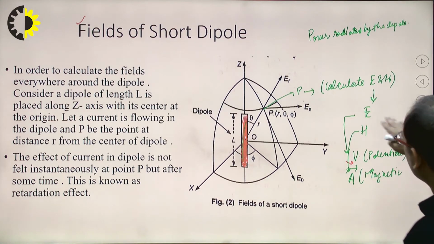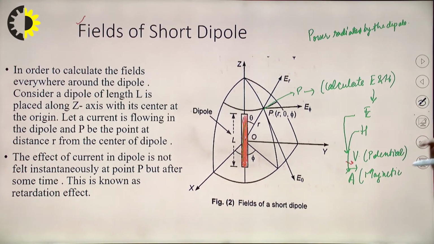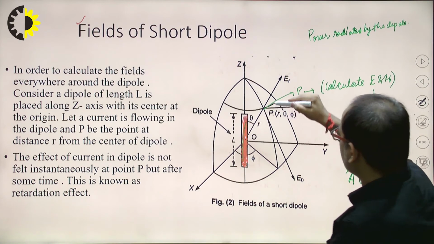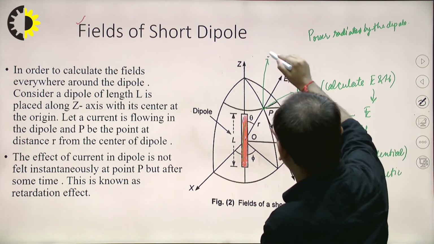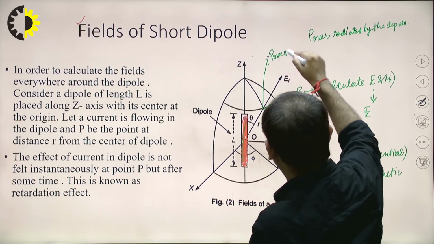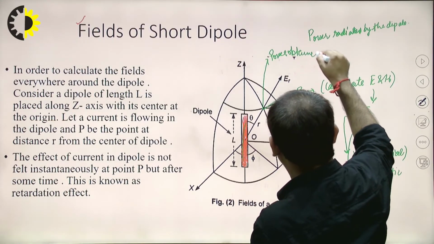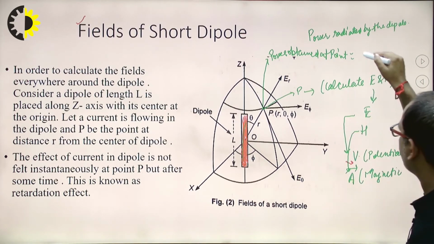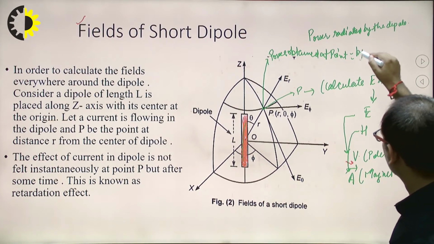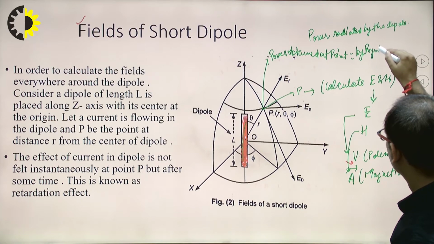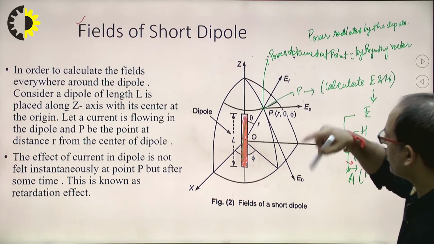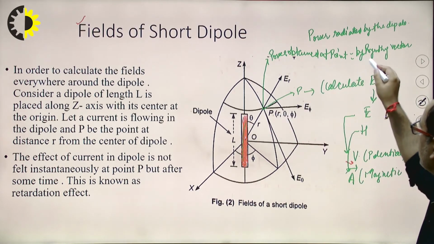And then we can calculate the E vector, then we can calculate the H vector. After calculating the E vector and H vector, I can calculate the total power obtained at point P by the Poynting vector.